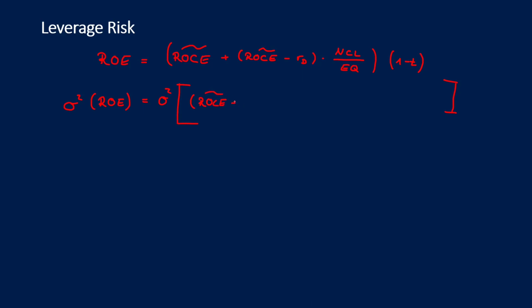ROCE as a random number, minus the interest rate, times the leverage ratio and times 1 minus t. We can now apply the rules for the variance and take a look what is varying and what is not varying.